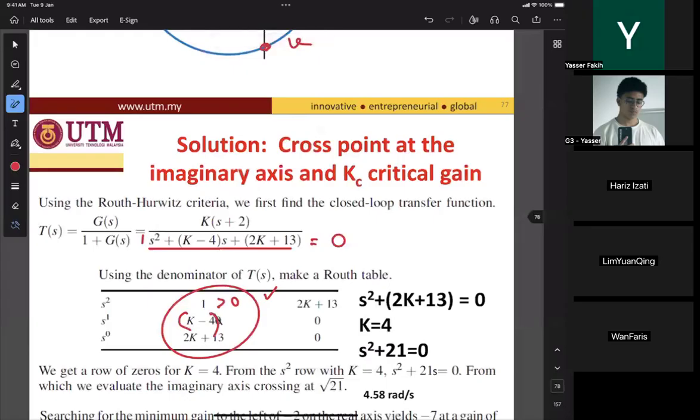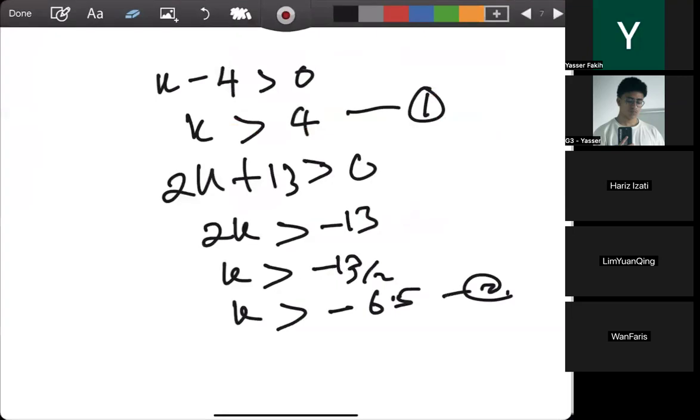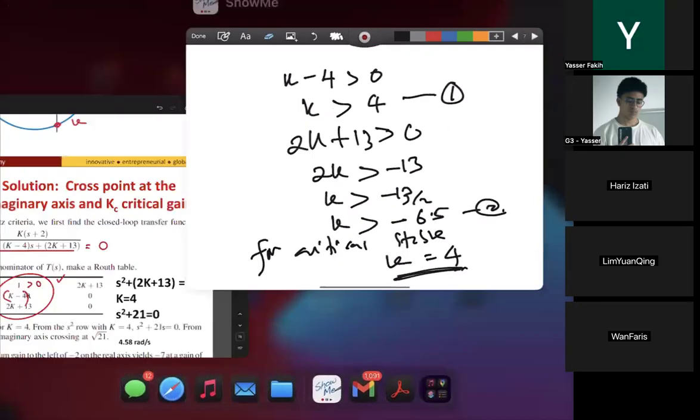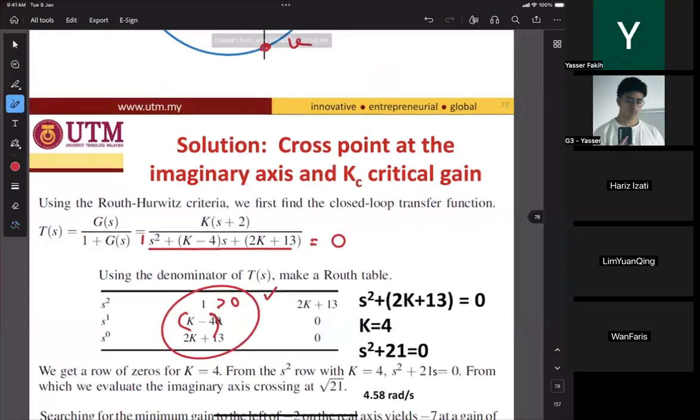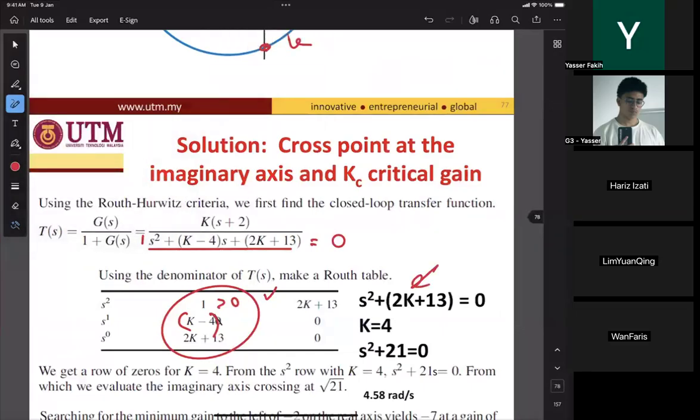So therefore, for critical stability, K is equal to 4. Use this K equal to 4, insert inside the even polynomial, s squared plus 2K plus 13.